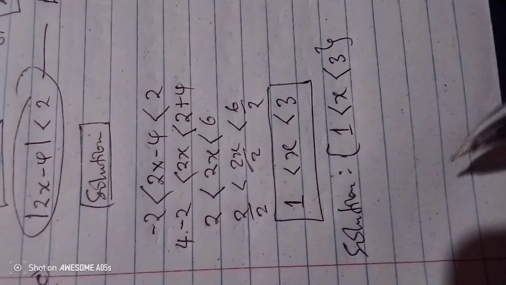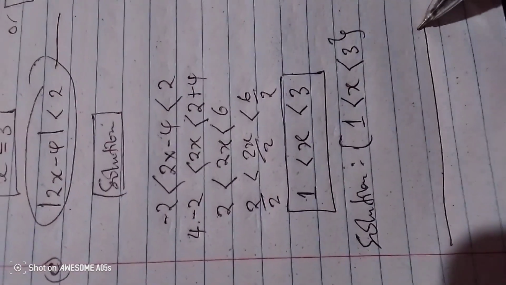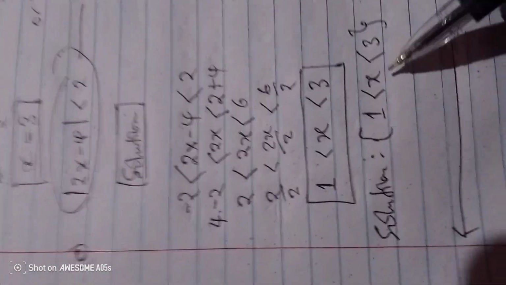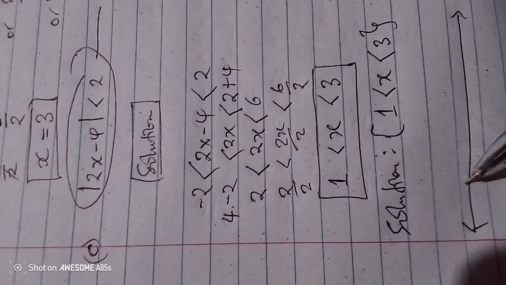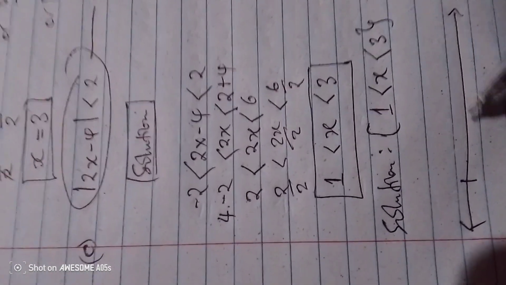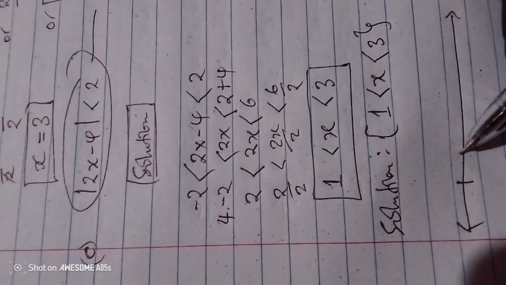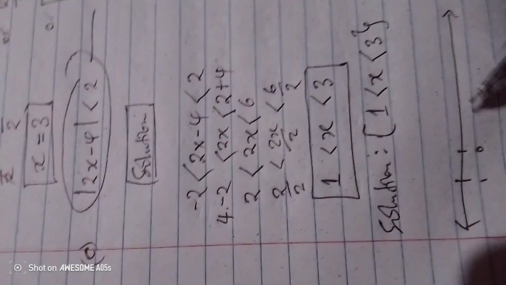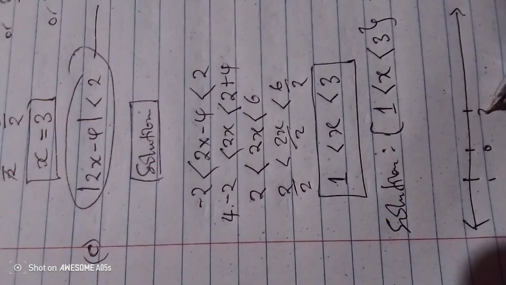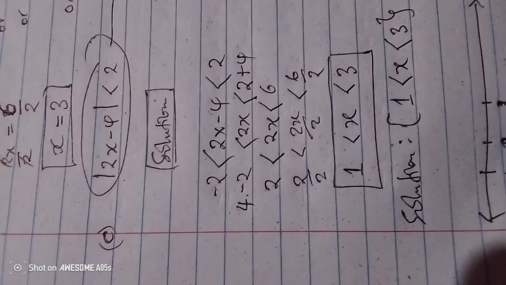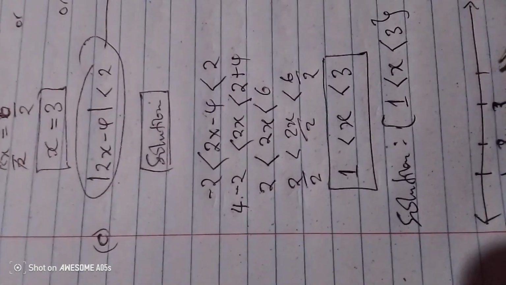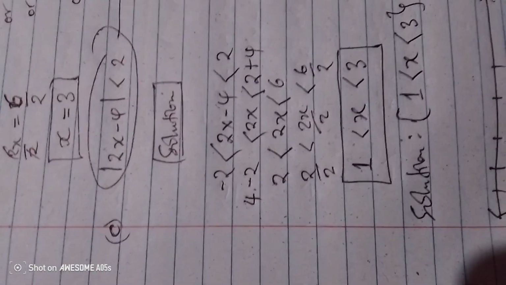If we are told to represent this on a number line, I'm just doing a sketch on the number line. So x is in between 1 and 3. So you can put 1 here, 1, 2, 3, 4, the numbers, maybe 0 that side.